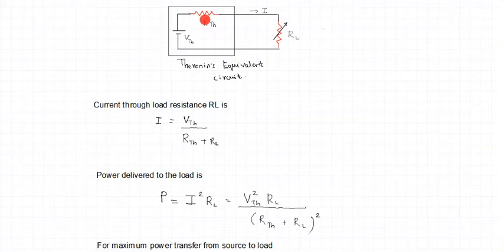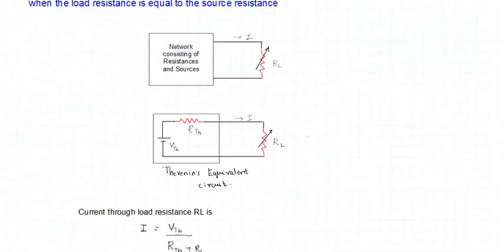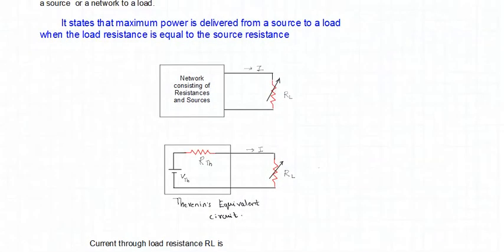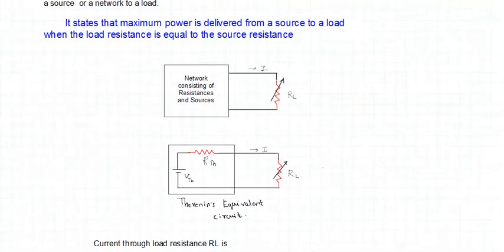So if source resistance is equal to load resistance, then we get the maximum power transfer. And that is the statement of maximum power transfer theorem, that maximum power is delivered from a source to a load when the load resistance is equal to the source resistance.